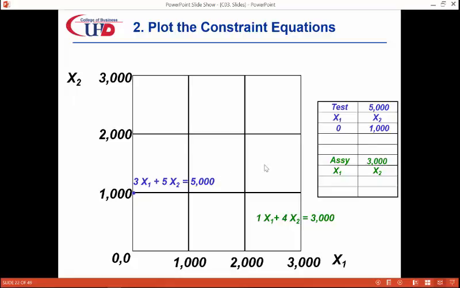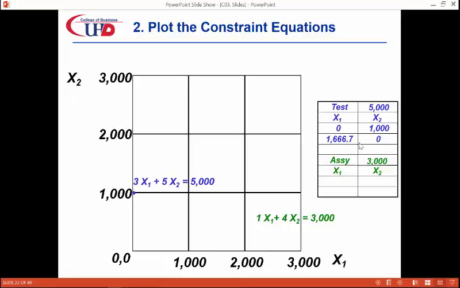Next, suppose no production of multi-max, so that x2 equals 0. To fully utilize the 5,000 testing hours, how many max have to be produced? Since each max uses 3 hours of testing, we know at most we can produce 1,666.7 max in 5,000 testing hours.